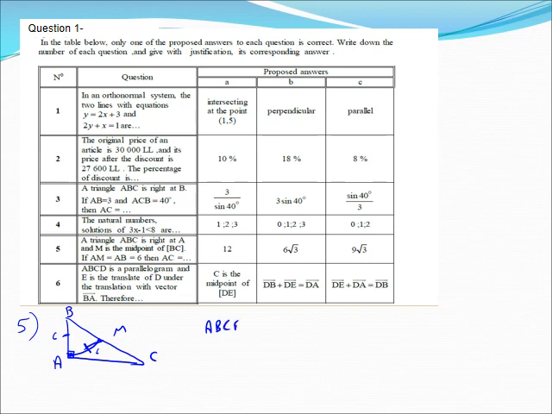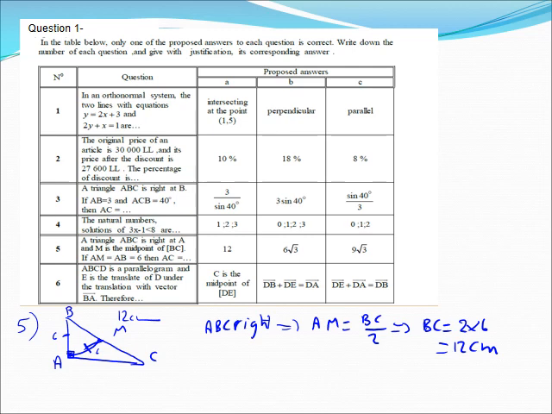ABC is right, so we can use the median relative to the hypotenuse. We can say that AM equals BC over 2. Then BC equals 2 times 6 equals 12 centimeters. BC is 12 centimeters, AB is 6 centimeters.